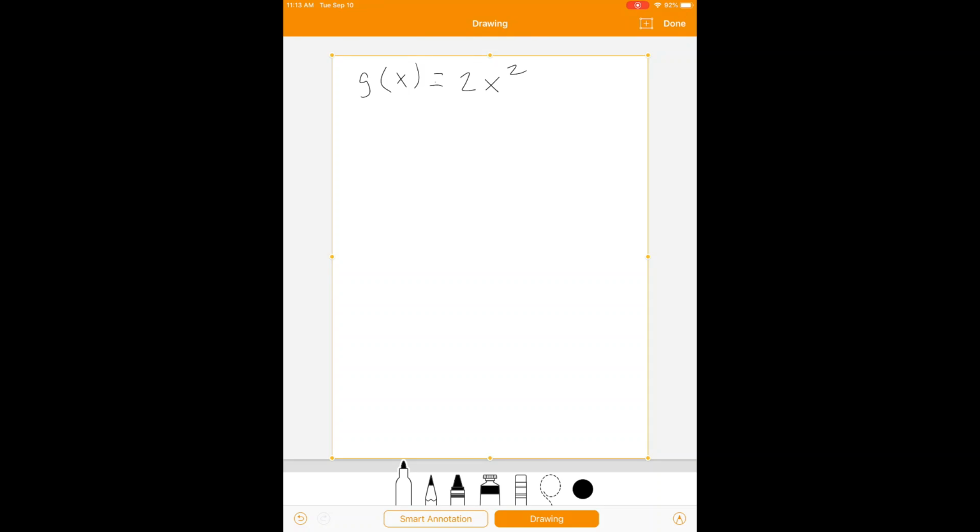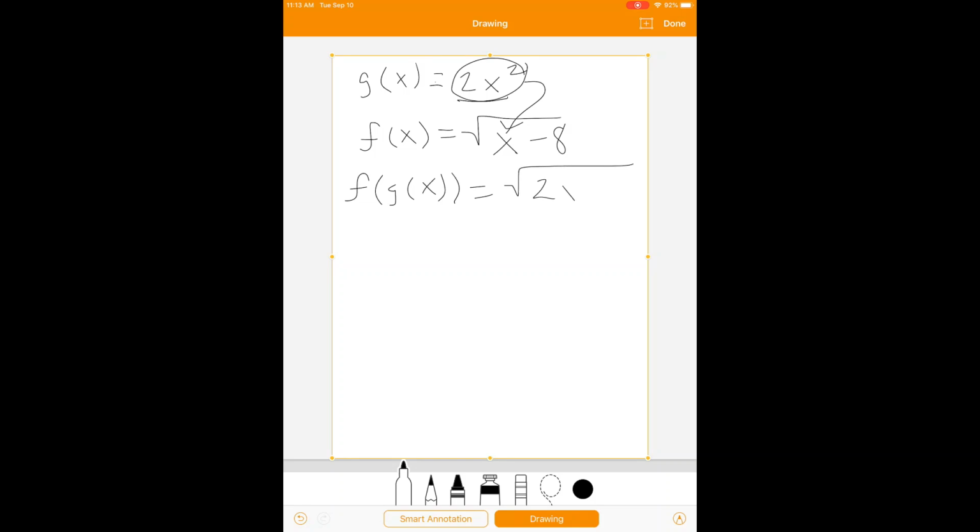Now, we are taking function g and replacing the argument in function f. So if f of x is the square root of x minus 8, f of g of x can be written as taking all of function g and replacing the argument in function f.